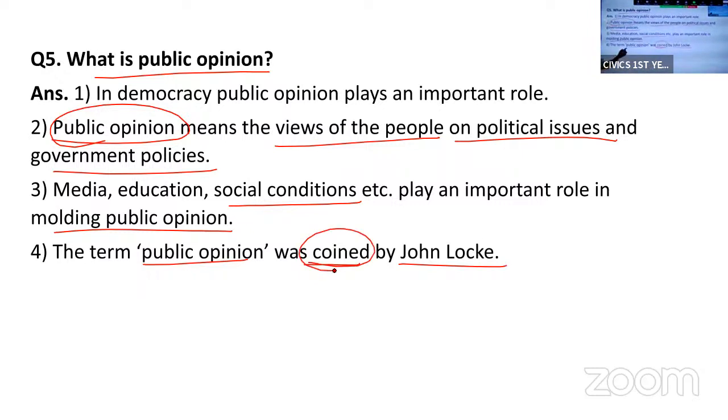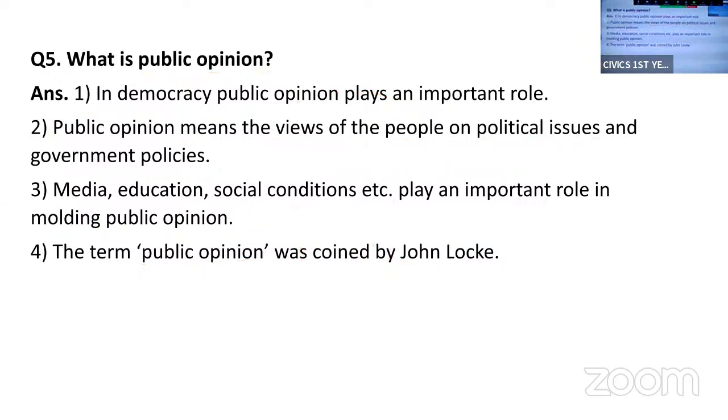So what is public opinion? It is nothing but the views of the people on political issues and government policies. With this, we have completed your democracy.